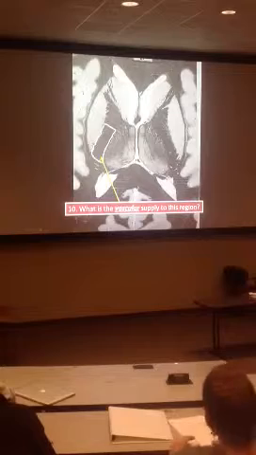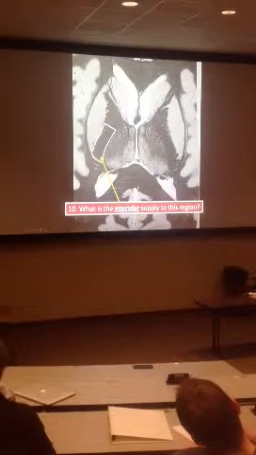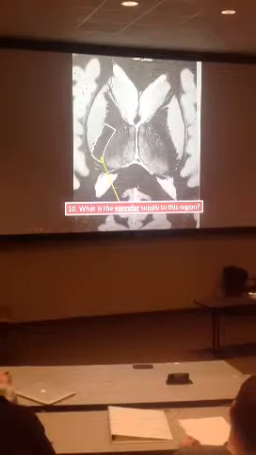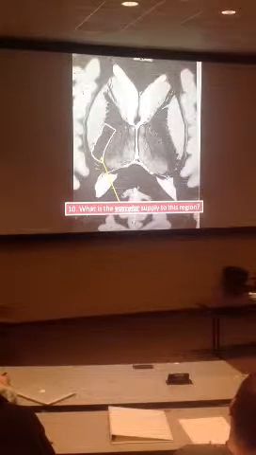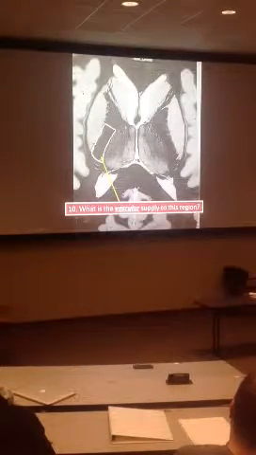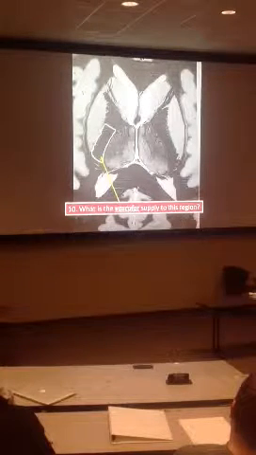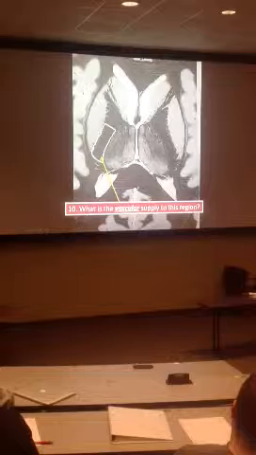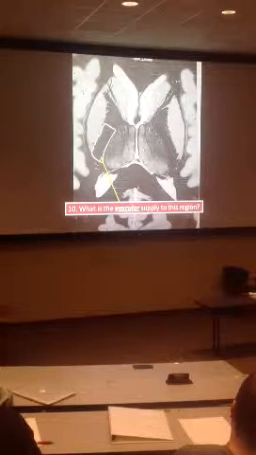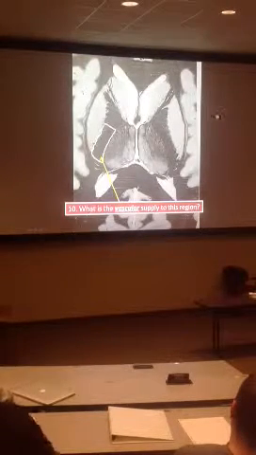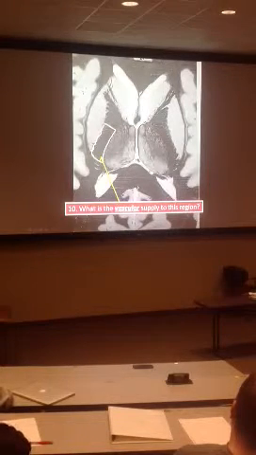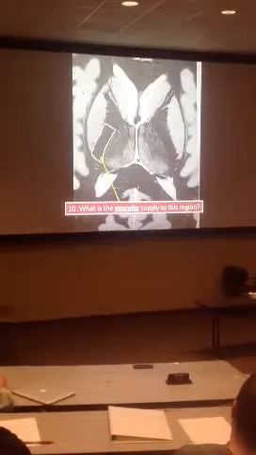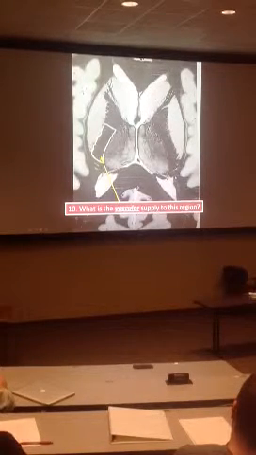For instance, anybody have a question about this slide? About anything on this slide? Okay, so what are these guys right here, right? These are thalamus, right? So what is this line in between? Third ventricle, good. What would this guy be coming down, this little guy right here? So this is the atrium, right?